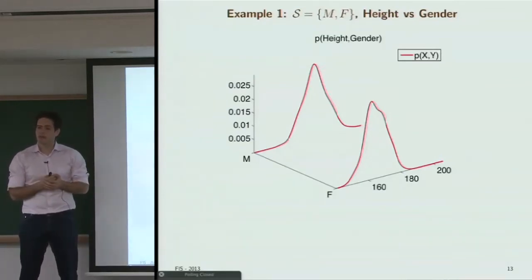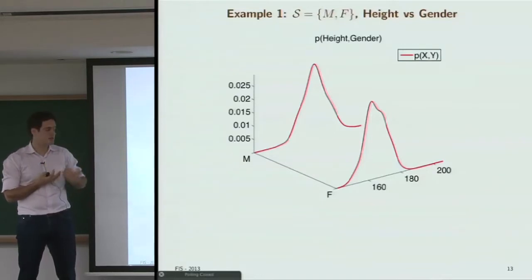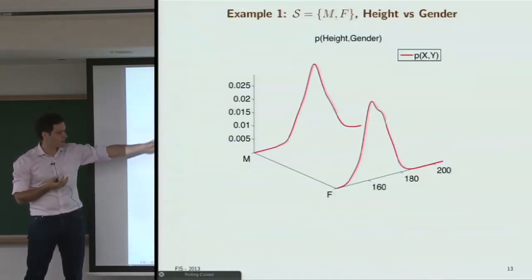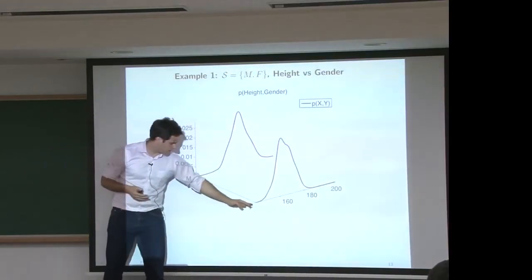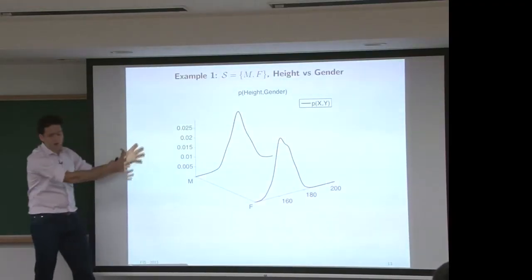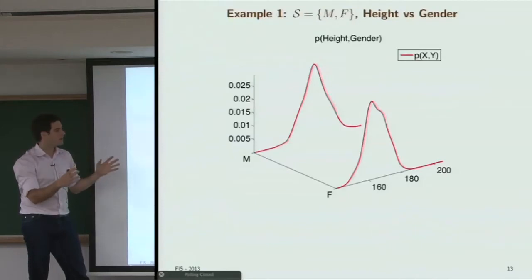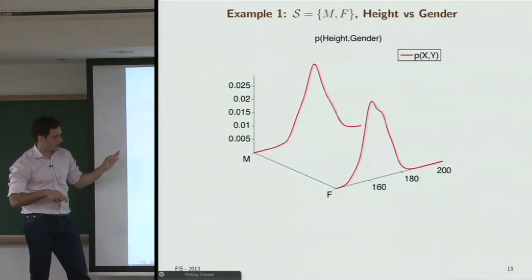Okay. So having access to the probabilities means actually having access to this curve, right? The density. So this is male, this is female, and this is overall the probability of having an observation of a given height and a given gender in either two cases, and these heights are here.